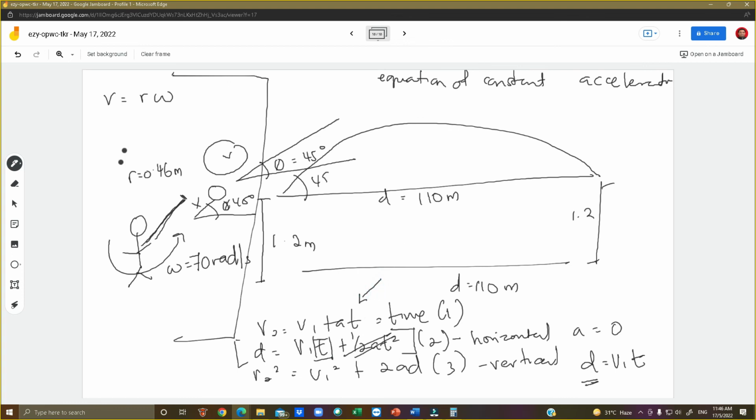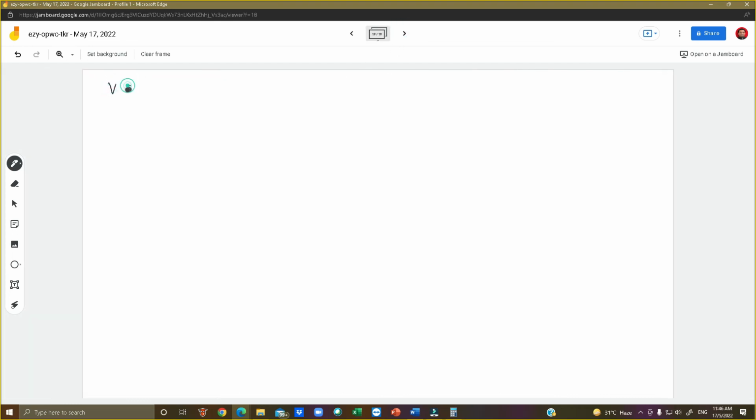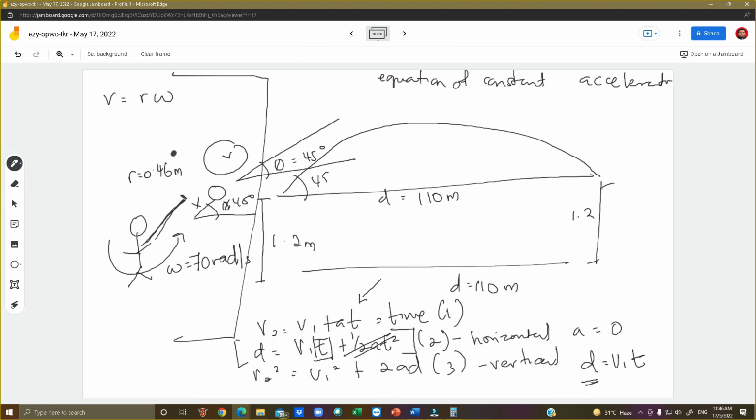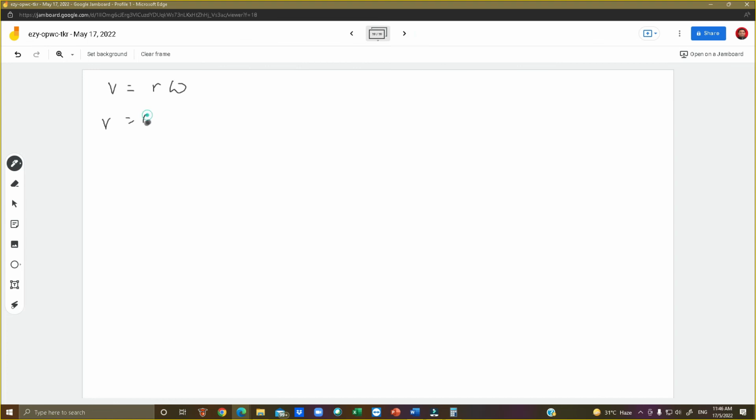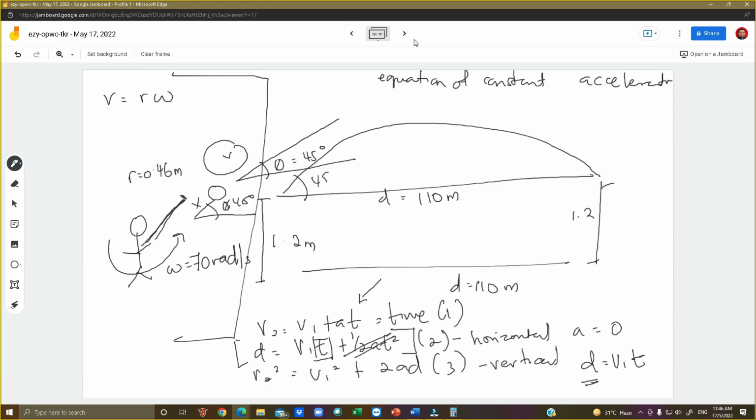So we start with finding the initial velocity of the ball after being struck. Okay, so we have V equals R omega. V we don't know. R is how much? 0.46 meter. And omega is 70 radian per second.